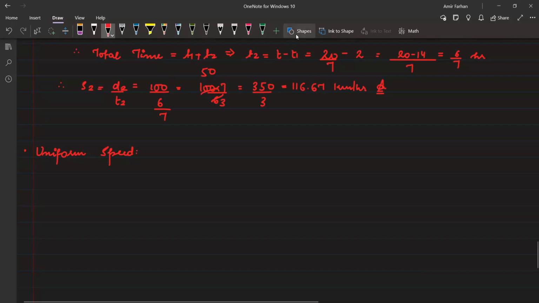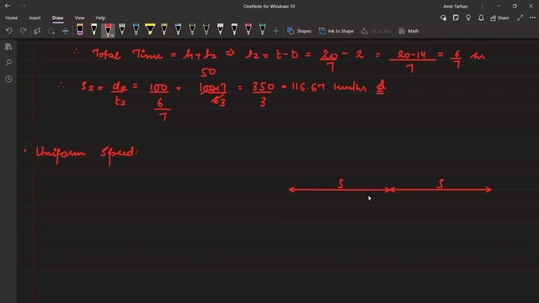So what is uniform speed, basically? Suppose this is any distance s and this is again any distance s.